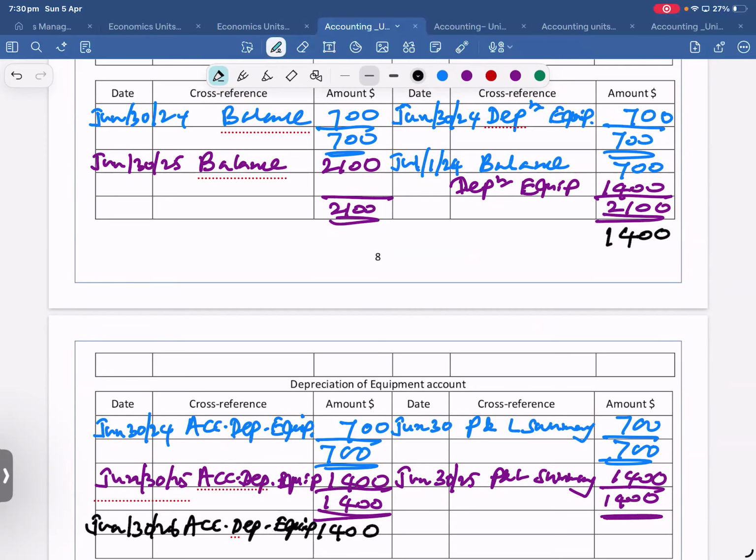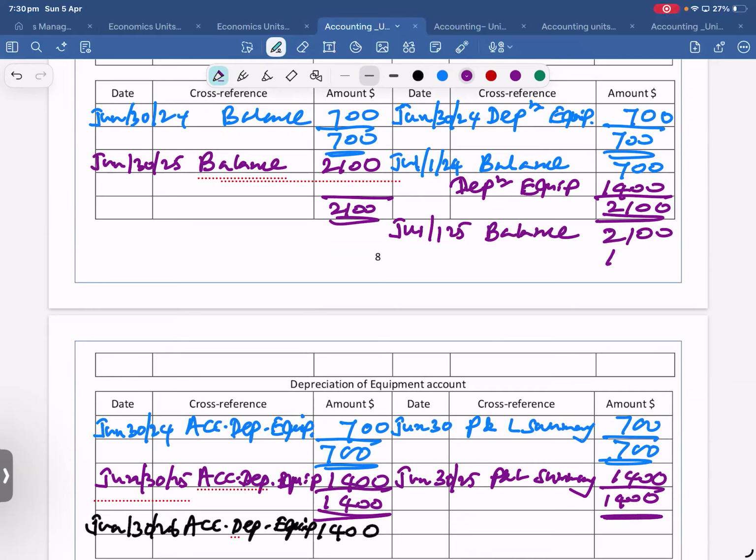Oh no, hold on. I haven't written the balance. This one is July 1st, 25 balance, which is 1400, 2100.